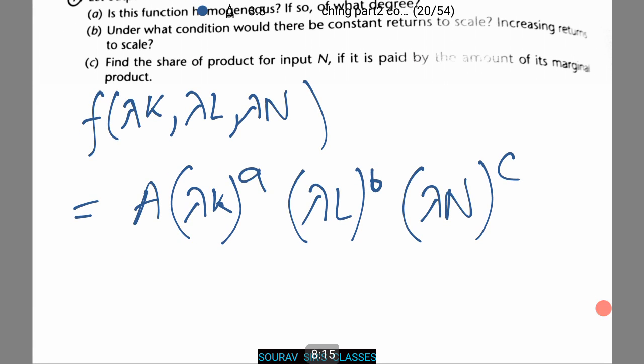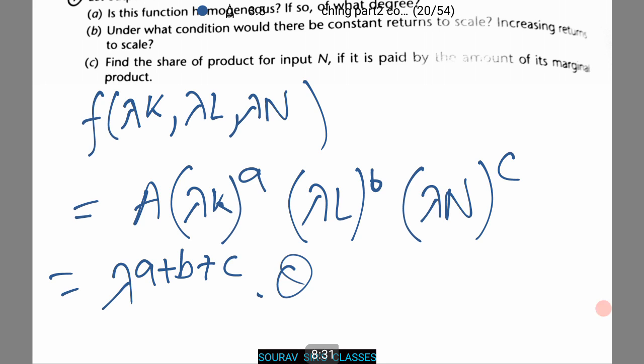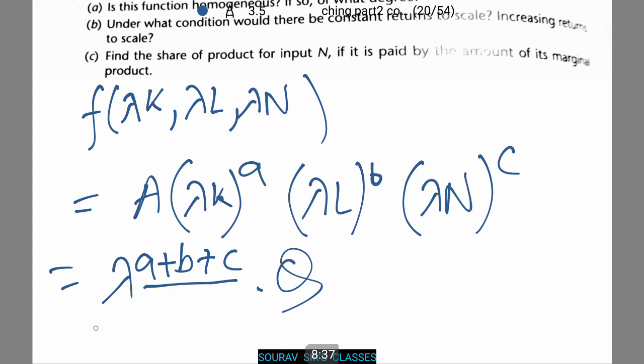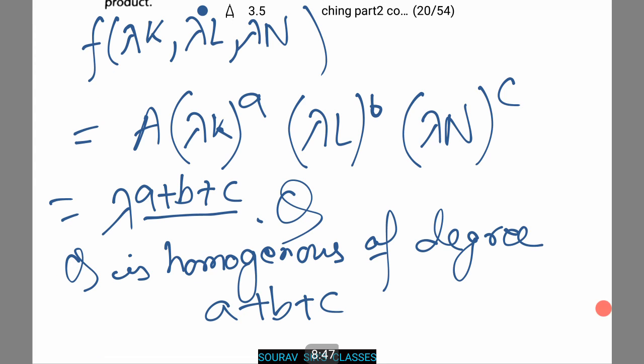This comes to A into lambda K to the power a, lambda L to the power b and lambda N to the power c, which equals lambda to the power a plus b plus c into the original function, that is Q. Thus the degree of this function is a plus b plus c. Thus Q is homogeneous of degree a plus b plus c.